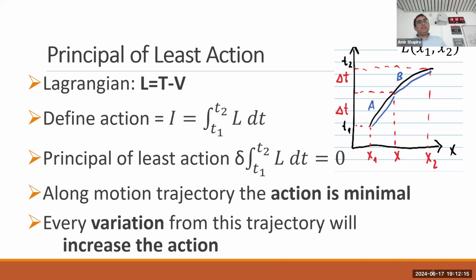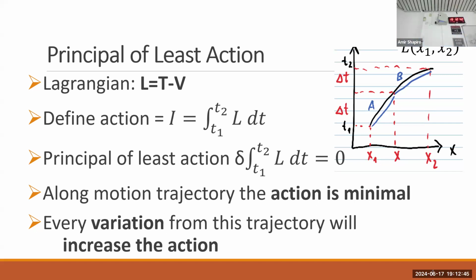The derivative of the action, or the change, has to be zero. So along the motion trajectory, the action is minimal. So every variation from this trajectory will increase the action, and therefore the delta of this action has to be zero along the trajectory.